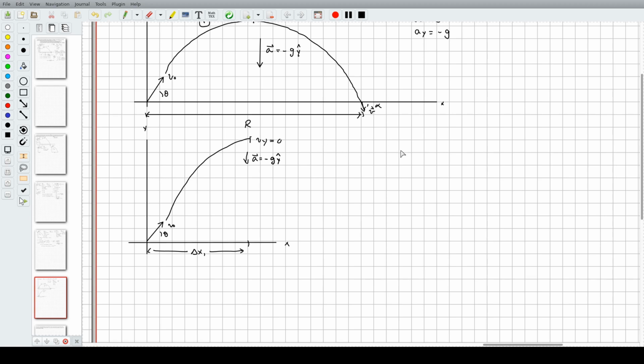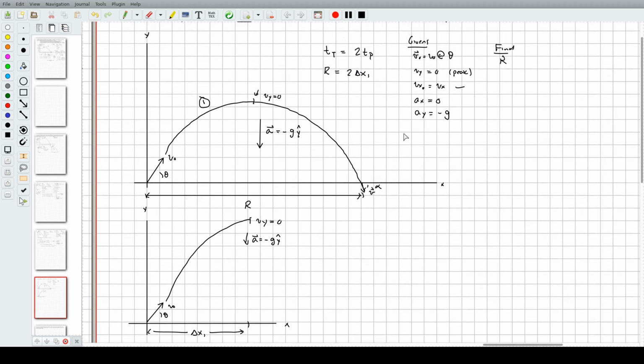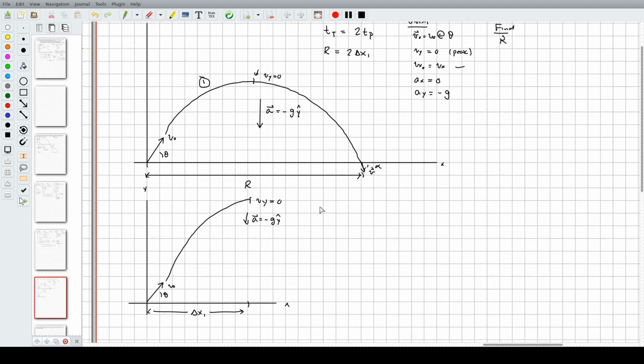Okay, so our givens again look a lot like this. We have our initial velocity, v naught, with theta. We're going to need to break this up into components, which we'll get to in a moment. We know at the peak that Vy is equal to 0, and whatever we get for Vx naught is the same thing as Vx, which is constant.